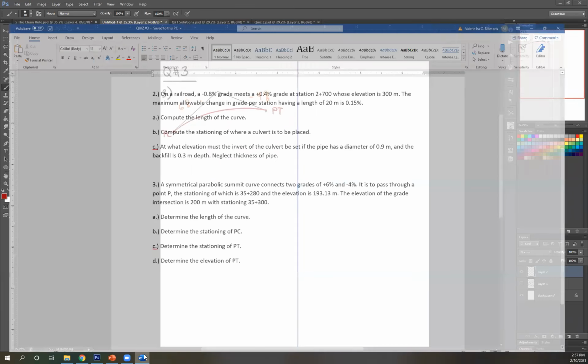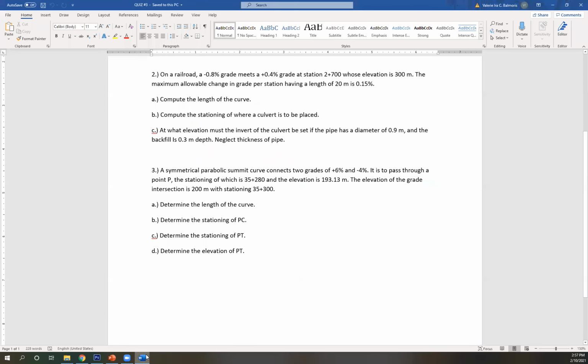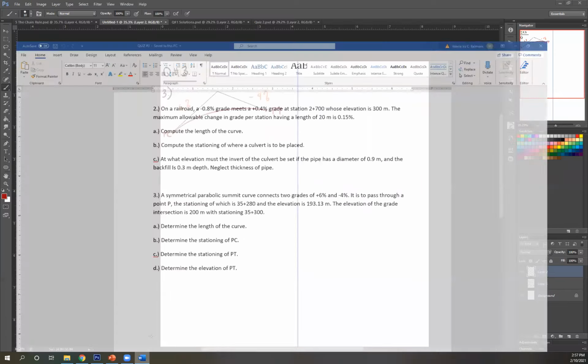PP? Next, we are passing through point P. So 35 plus 280. And if you've noticed, let's start with PI first. Elevation of grade intersection 200, stationing 35 plus 300.